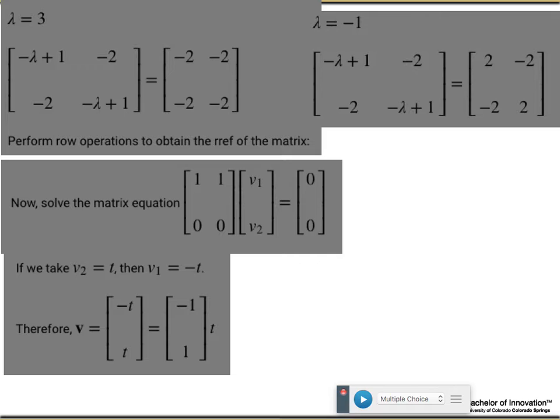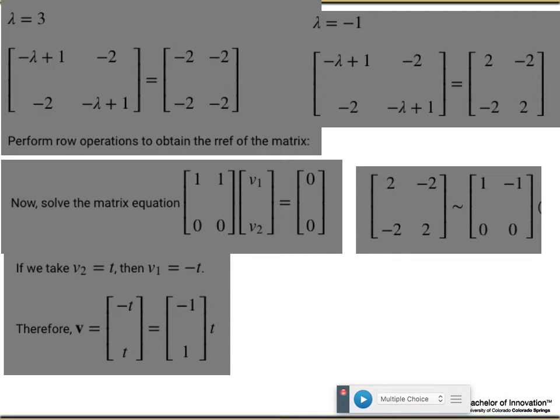How did you solve a 2x2 system in high school if you didn't use a shear matrix? You said, what do I multiply and add to make something go away? You always try to get rid of a variable. So if I'm trying to get rid of this one here, I simply want to add the two rows. I add row 1 to row 2, and that will make that first item go away. But unfortunately, it also makes the second item go away, so I again get a matrix with 0. After that reduction, I get 1, minus 1, 0, 0.